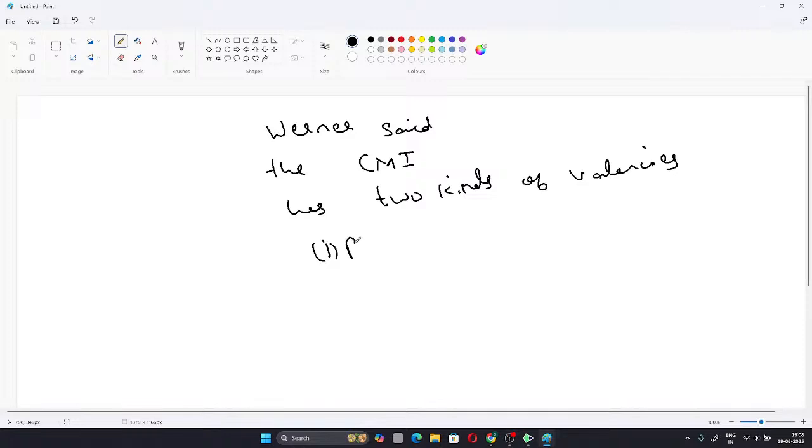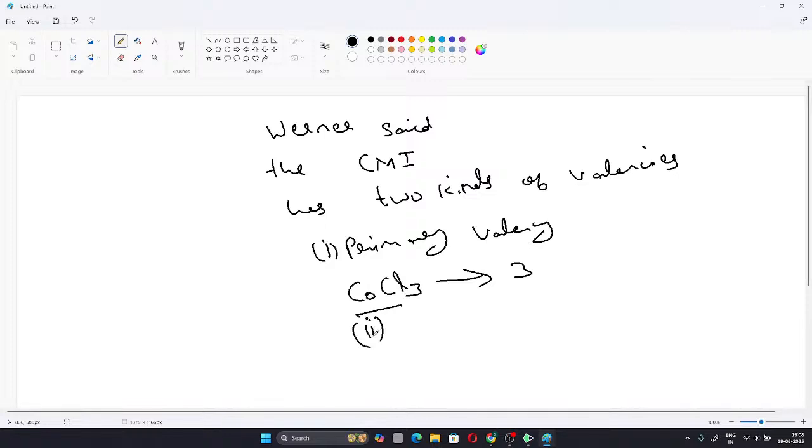One, primary valency, where in case of CoCl3, the primary valency of cobalt is 3 because it is bonding to 3 chloride ions. This is the most basic.